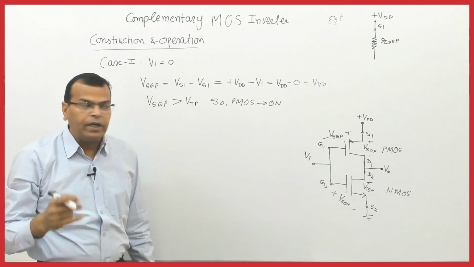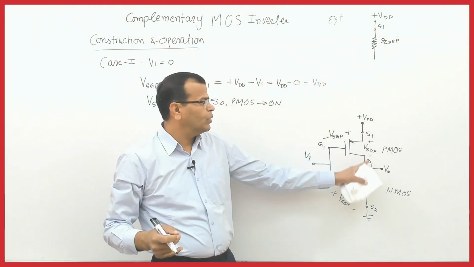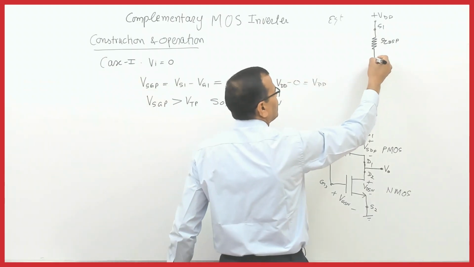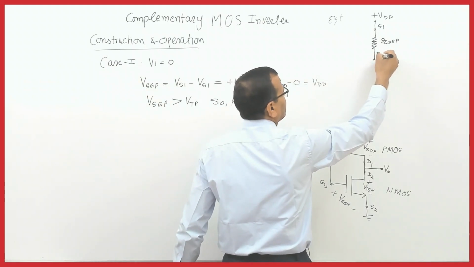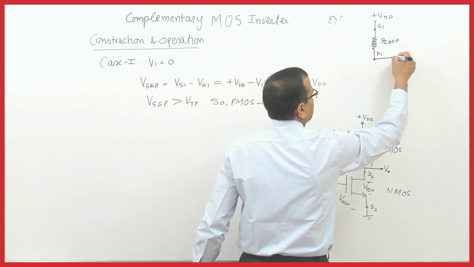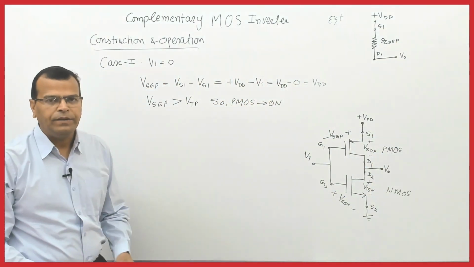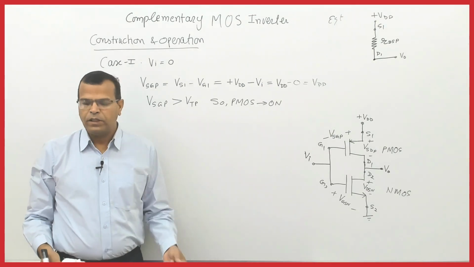Resistance between drain and source, that is RDS for PMOS, and this lower terminal is D1, I will say, and this is the output terminal V0. Fine. I hope the concept is clear.